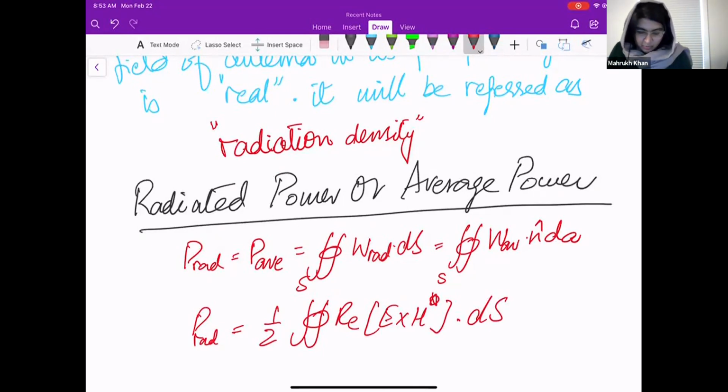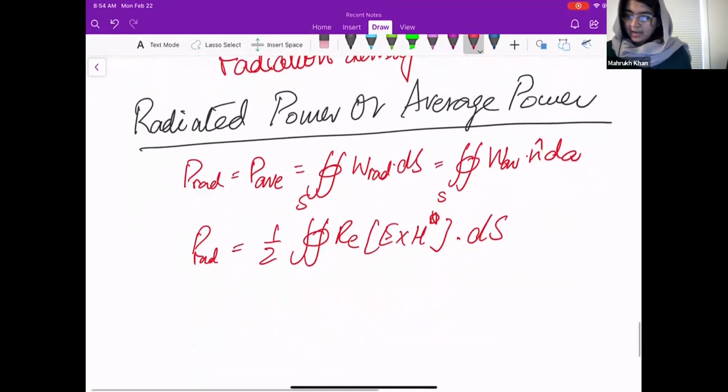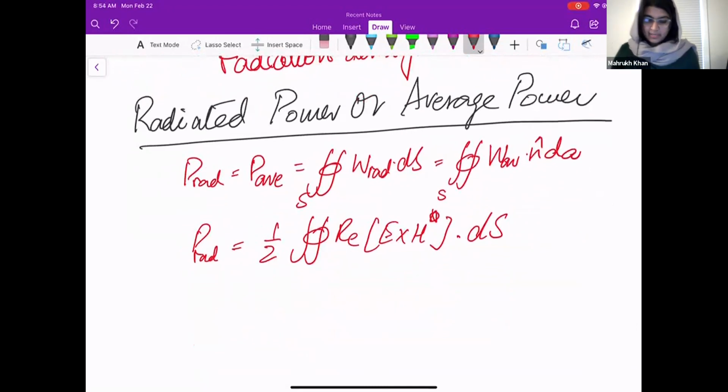We will see how we will think about it, but normally we do that. So if I write it like this, let me try to find the power density, or radiated power, of an isotropic radiator first.